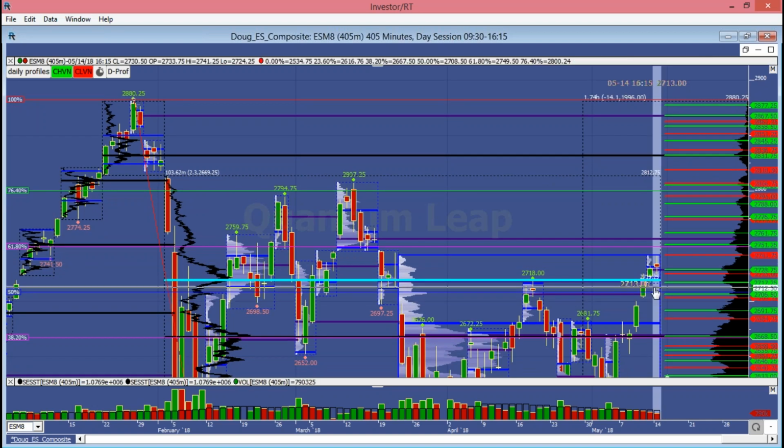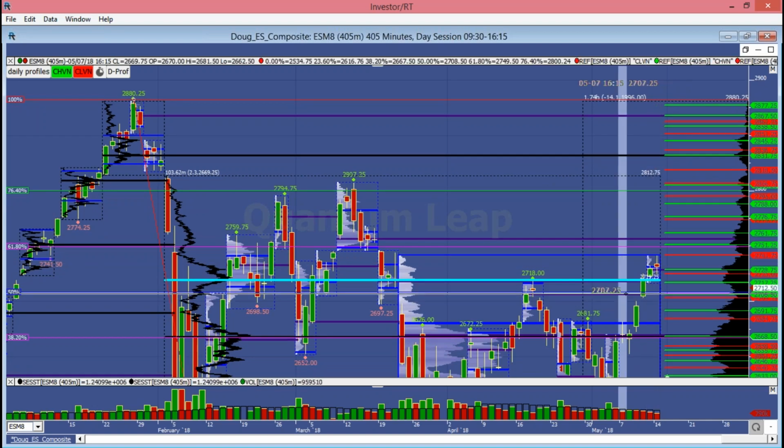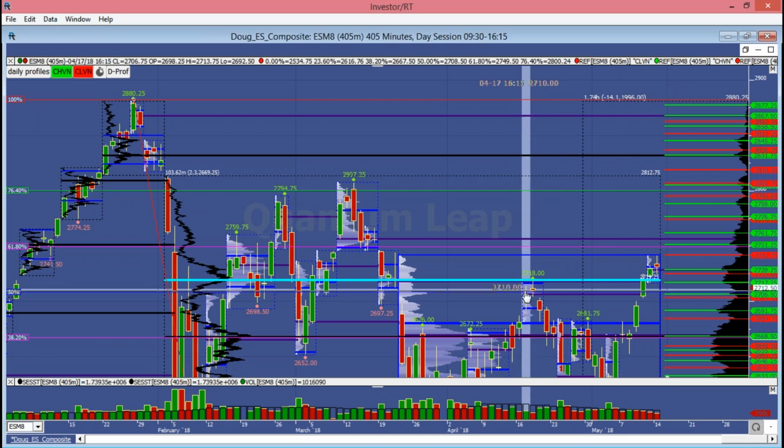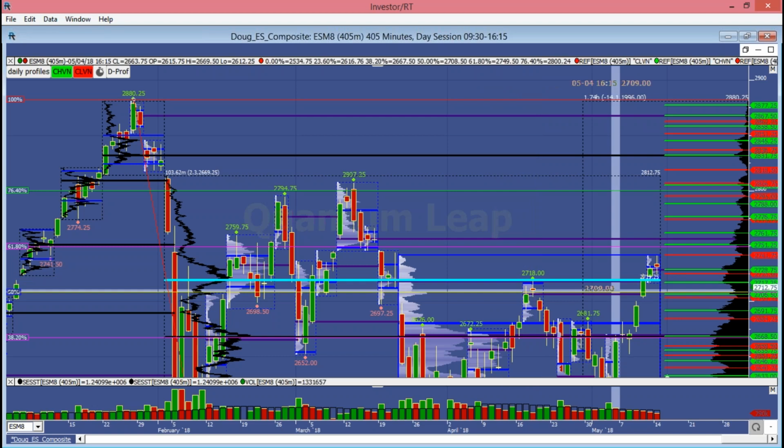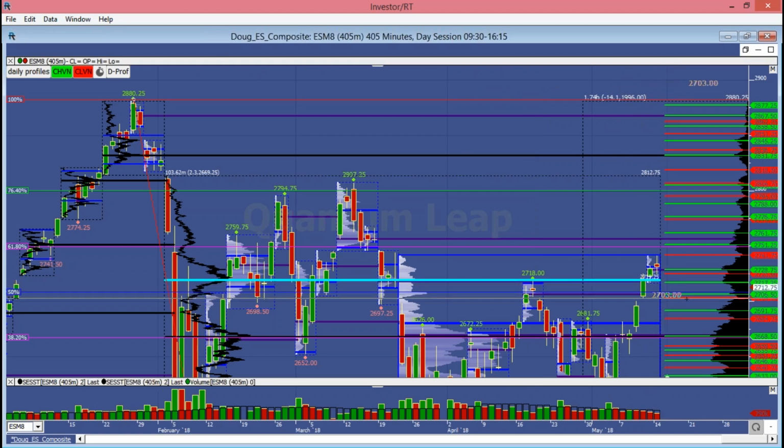So looking for us to move back towards the next target below, which is the 27.07.25, where we tried to hold value on the last attempt of the breakout, and possibly come down to that 27.03 area, which is the significant CLDN, down below that balance at the 0607 level.